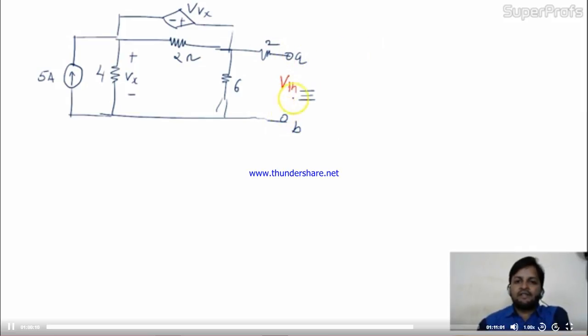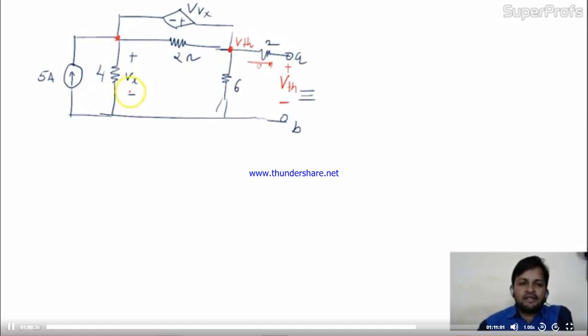Open circuit voltage is nothing but the VTH. If this circuit is open, is there any current here? No, zero current, so there is no drop. So this entire VTH is nothing but the voltage across this point. Do you have any problem? No? Good. Now come to this circuit.